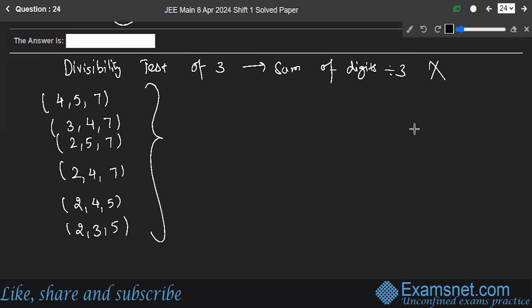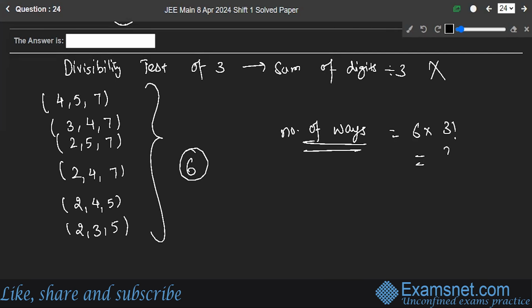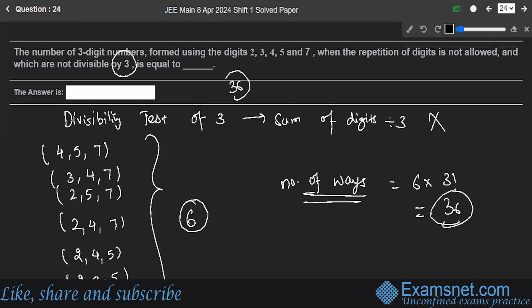Right? 6 such sets are there. Now, each of them contains 3 digits. So what is the total number of ways? That will be 6 into 3 positions, so this is 3 factorial. That's 36. So this is the answer to the question, 36. Hope you got that. Let's move to the next question.